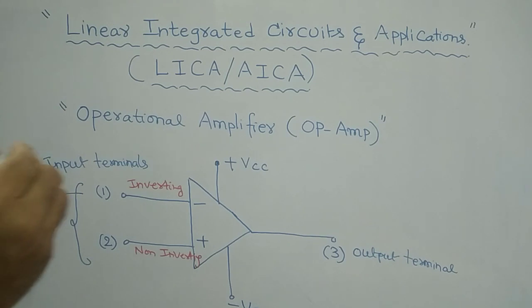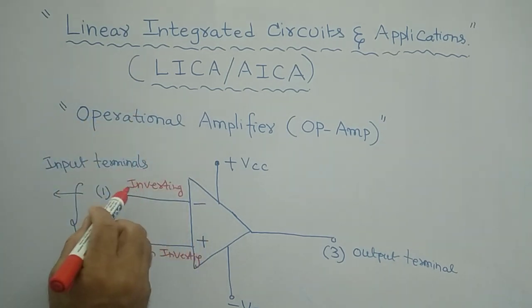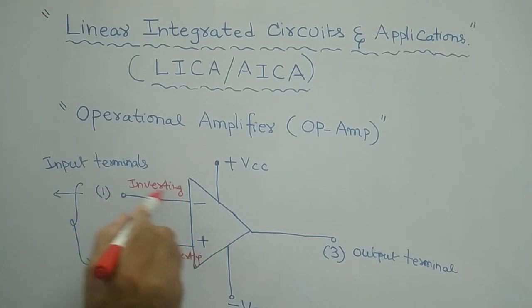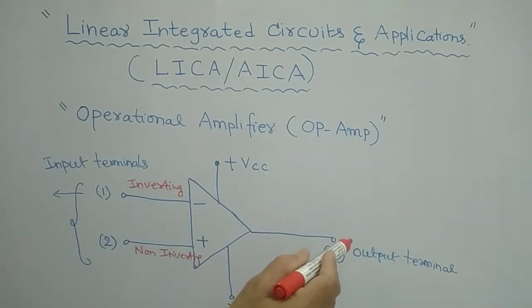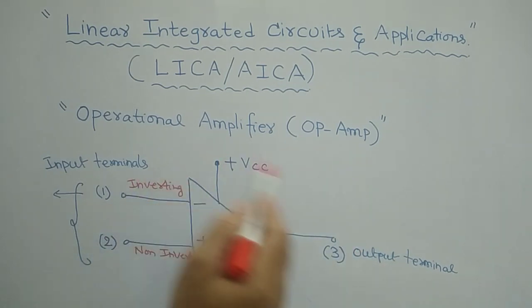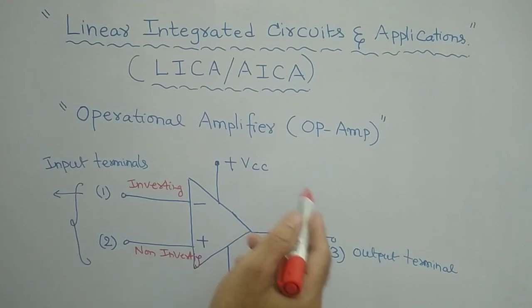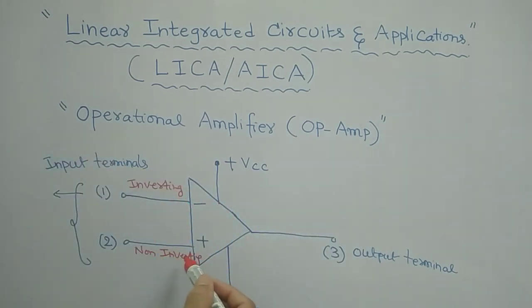What is the meaning of this? If you apply the input to the inverting terminal, then your output is the inverted form of the input signal, whereas for the non-inverting terminal there is no inversion.